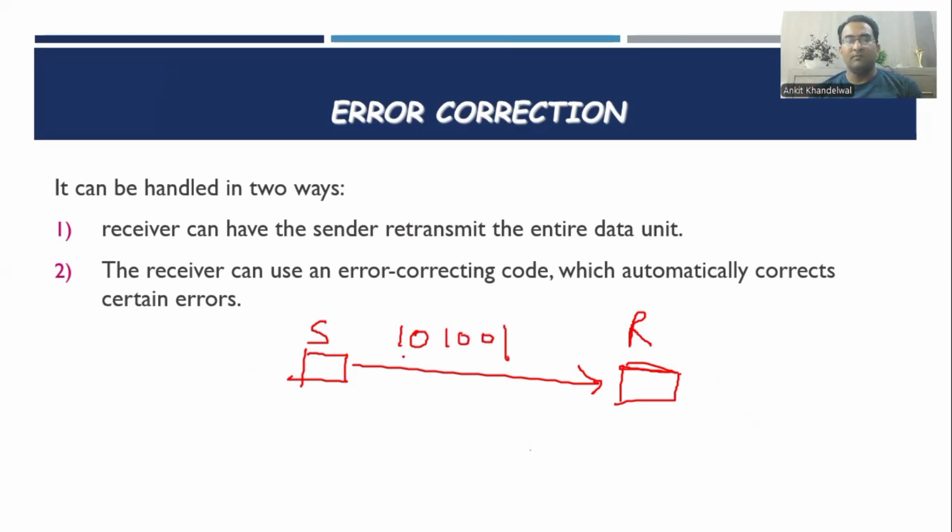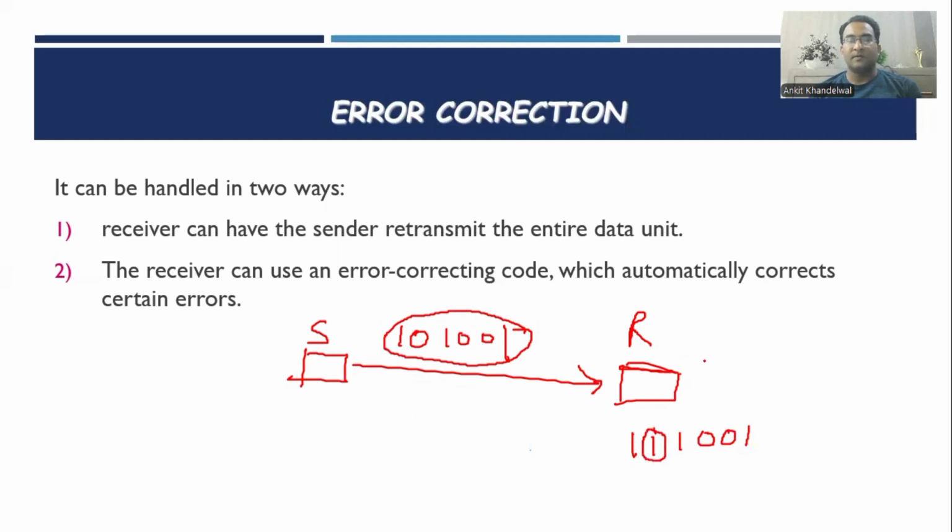Then in between, when going from sender to receiver, this data may be corrupted. So here we are going to discuss that we are having an error in a single bit. Let us suppose this was the actual data which has to be transmitted, and the received data is this one. So here is a single bit error.